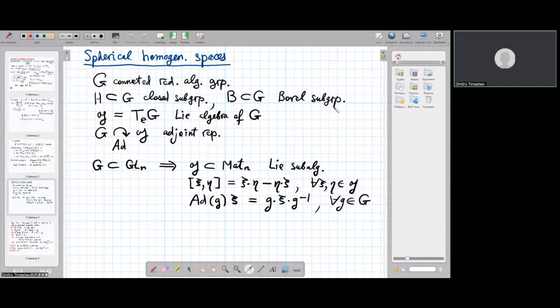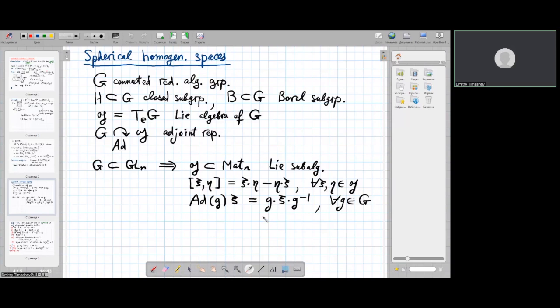There are different ways to embed a linear algebraic group into matrices, but if you do this, then everything is reinterpreted in terms of matrices. Under these embeddings, the adjoint representation which you described using vector fields is just given by this formula. You can find this in any textbook on algebraic groups or on Lie groups.